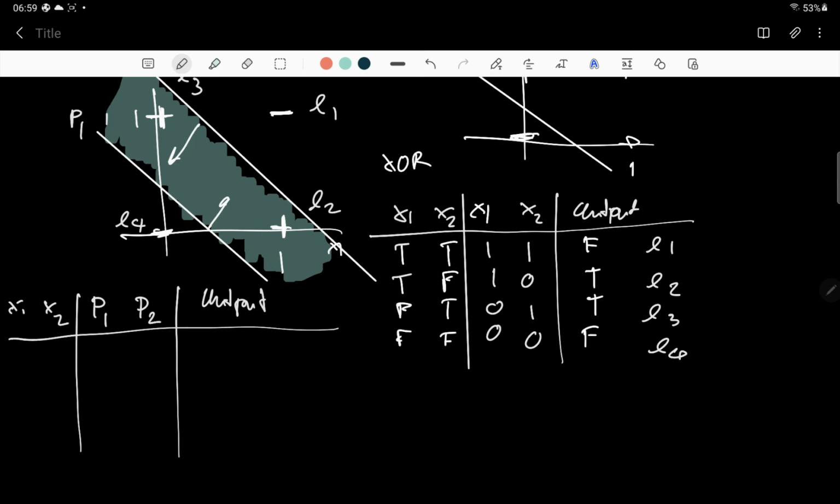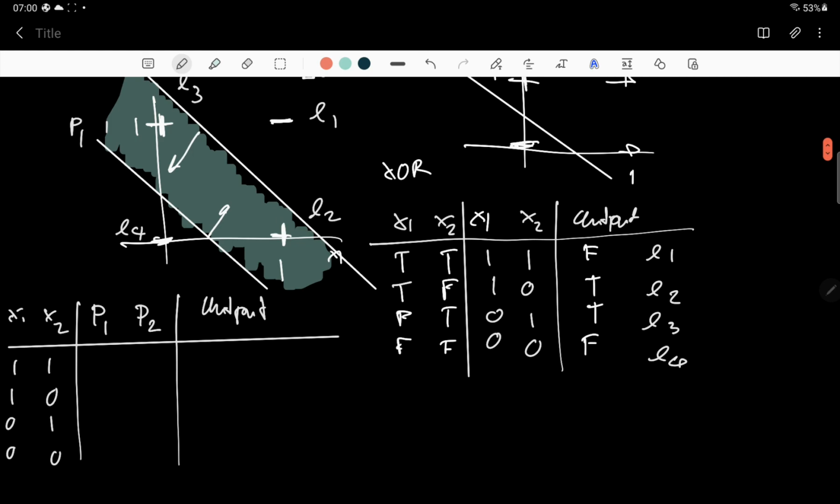Look at this. You have X1 and X2 to be 1, 1, 1, 0, 0, 1, and 0, 0. And guys, for E1, look at this.